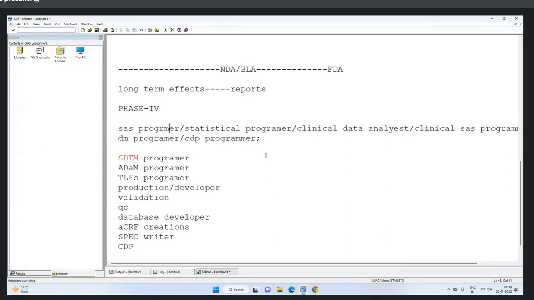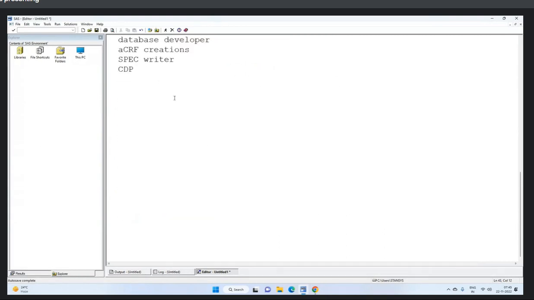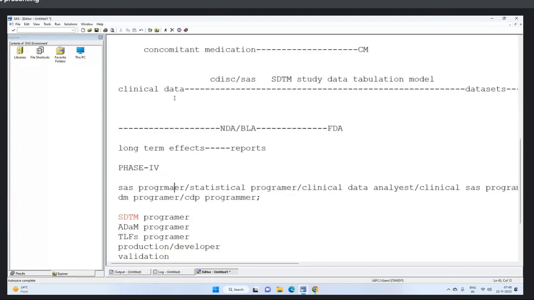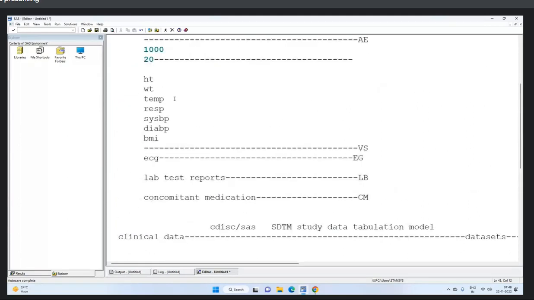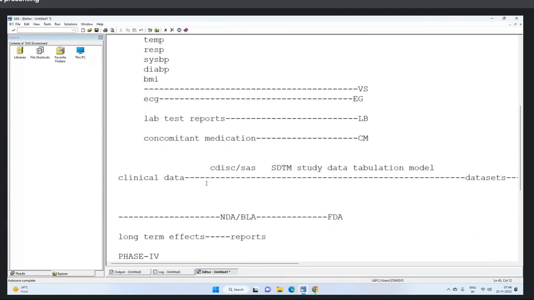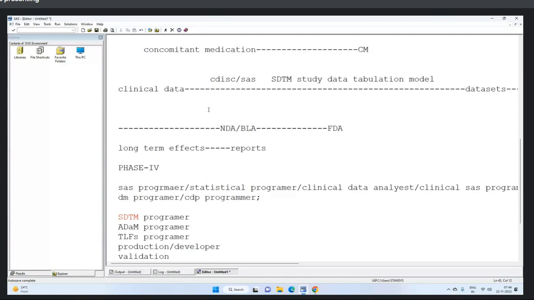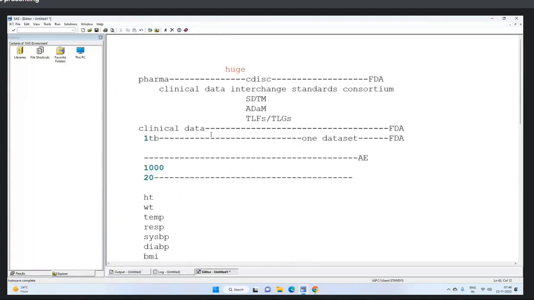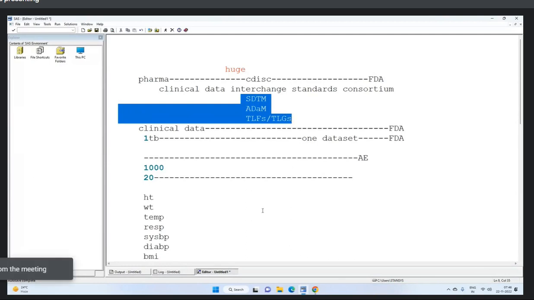Okay, now, since you have already completed the base and advanced, though some of you might not have completed the advanced, with our base and advanced, if you have proper CDISC skills, you can become a good SAS programmer. I told you we are going to have three important guidelines called SDTM, ADaM, and tables, listings, and graphs.